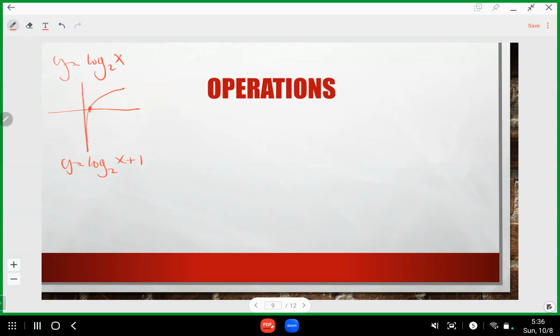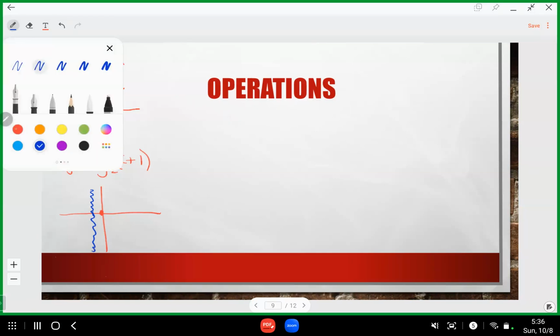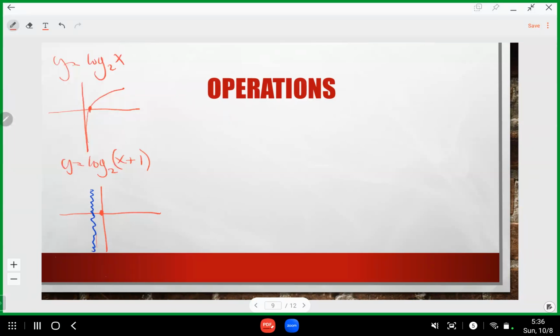For this one, you have to shift to the left. So the reference point is going to be (0, 0). That also means the vertical asymptote is shifted. So it's like this.